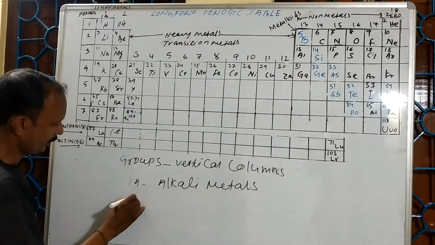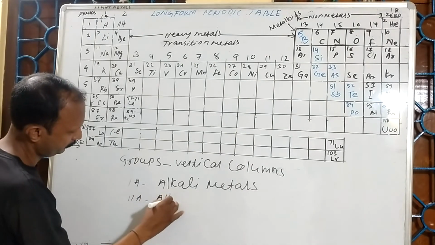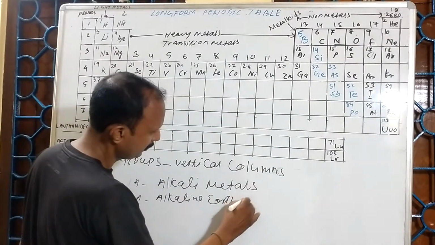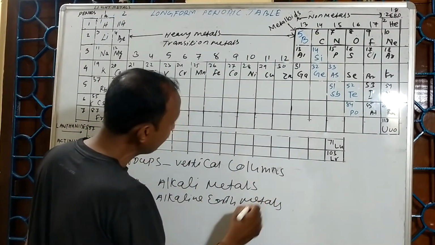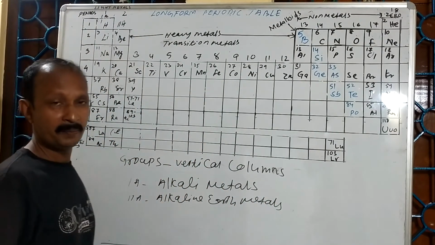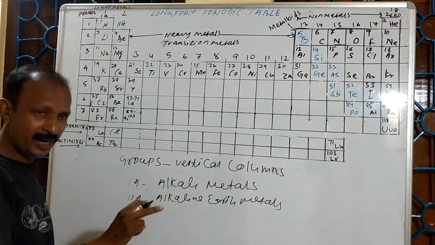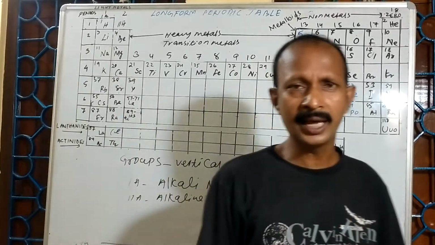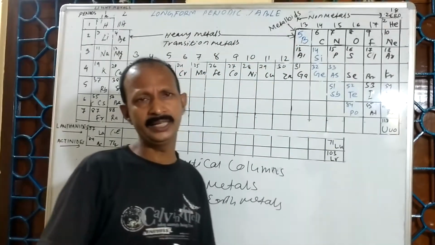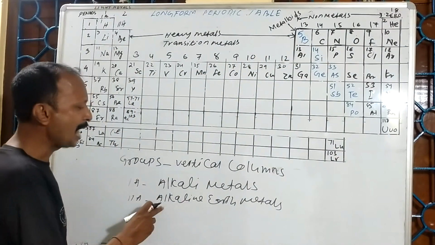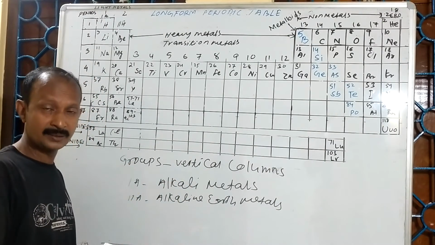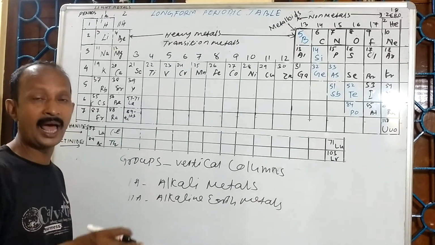Second A, they are called alkaline earth metals. They are also basic in nature, but in comparison with the first A group elements, they are less alkaline in nature. They are a little less basic than alkali metals.